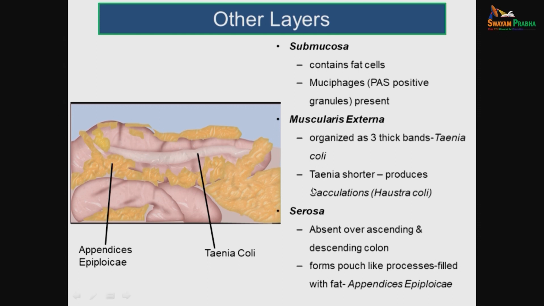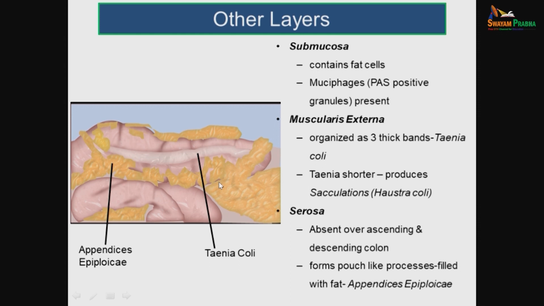The outermost layer is the serosa, and as already told, over the ascending and descending colon, the serosa is absent. They are retroperitoneal, whereas in the rest of the large intestine, it forms mesocolon, and apart from the serosa, there are pouch-like processes filled with fat called appendices epiploicae.